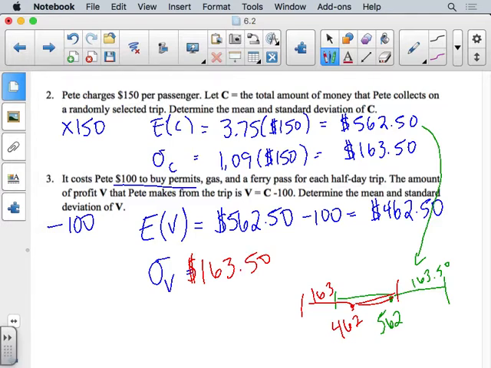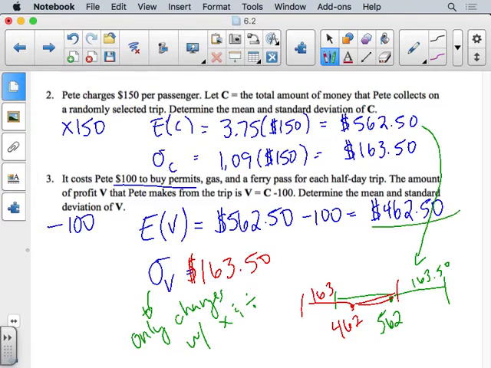So standard deviation only changes with multiplying and dividing. If you plus or minus to your values, it just moves in a block with the mean. The spread doesn't get bigger or smaller. It's only if you get divided or multiplied that the spread gets bigger or smaller.